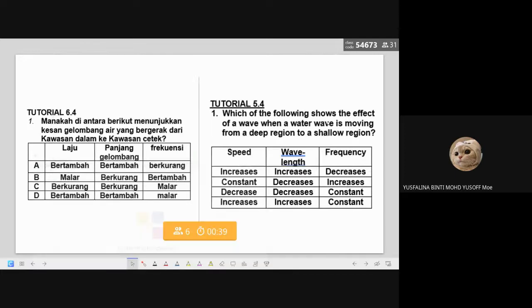Okay, can write the answer in the chat. C. C. Okay, so 14 more.